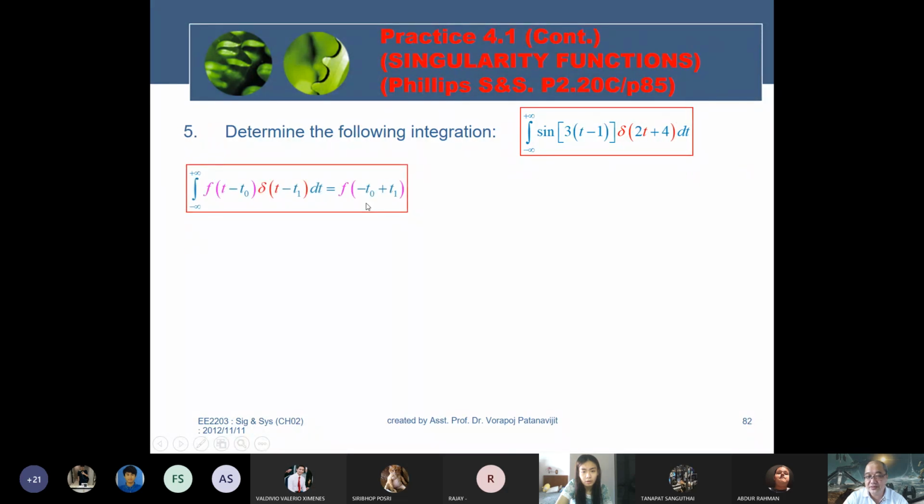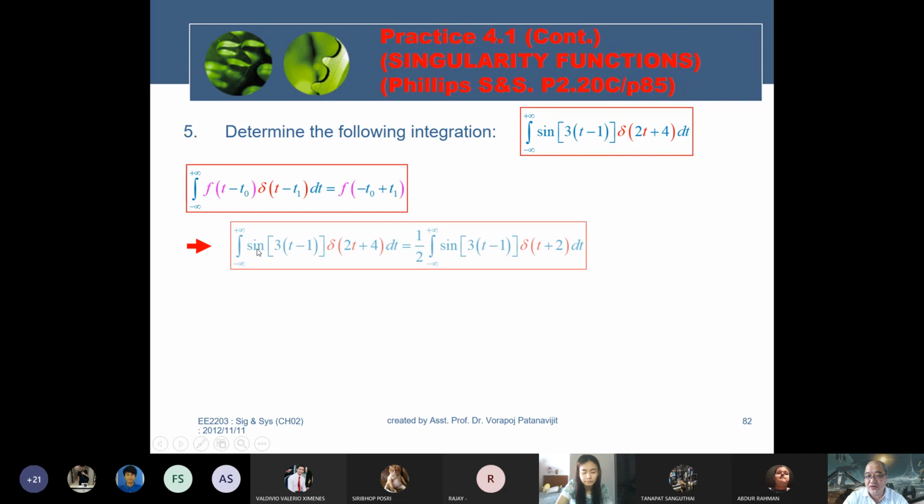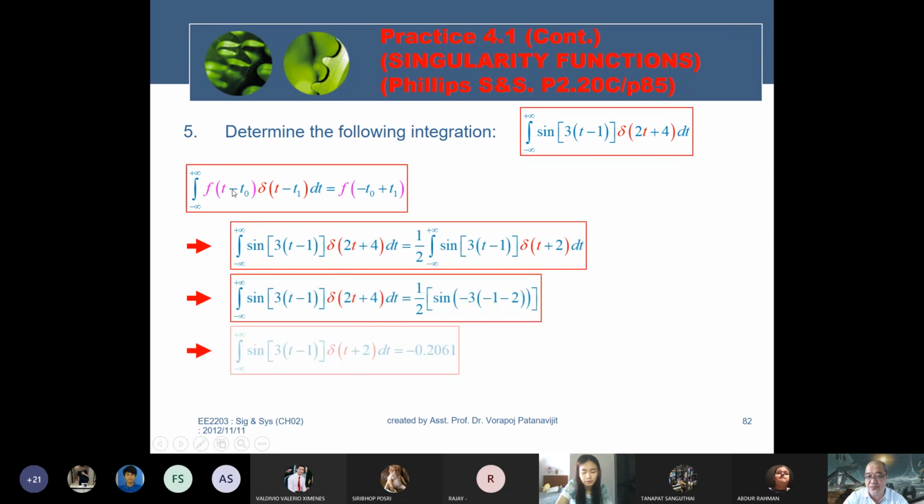Next one, for the sine, multiply between sine and the impulse function again and shift, t0 and t1. The result becomes -1 and -2. Multiply them, and in this case, you will scale them too. Scale by 0.5, because of this factor.